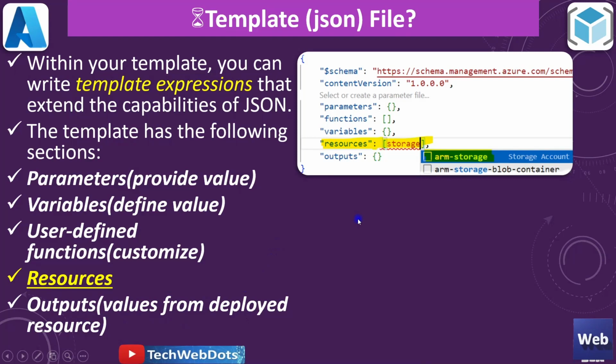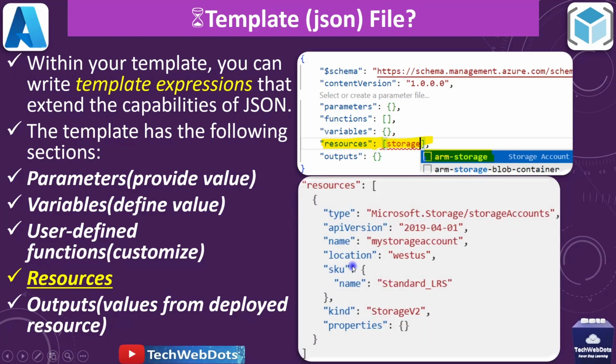So as a result, you can consider the scenario, once the deployment is completed, some value will be returned by that completion, right? So you can see in this example, under resources we specify, if we want to create a storage account, the API version of the storage account, which is this, and the name we are providing for our storage account, which is my storage account.